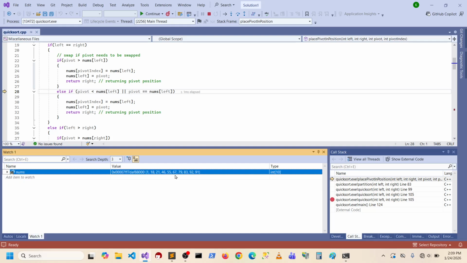Yeah, these don't need to be swapped. Less than nums. Why did I put this when I could just say less or equal? Why did I write that logic, though?